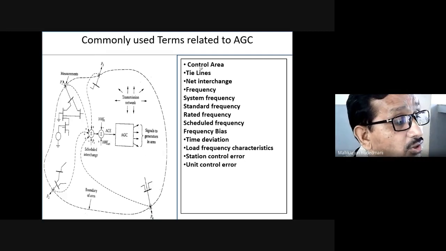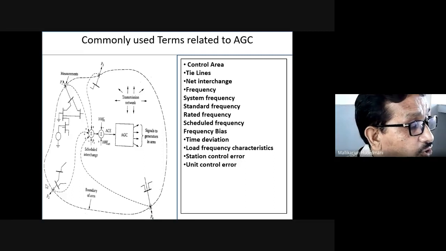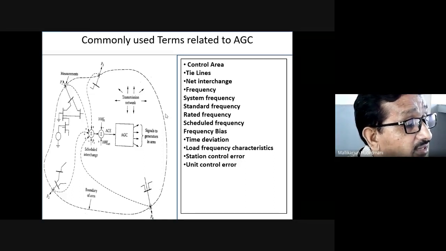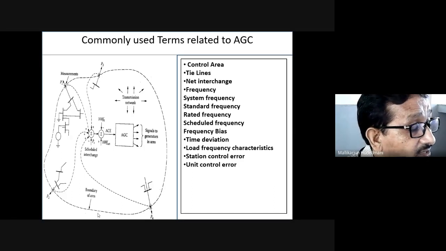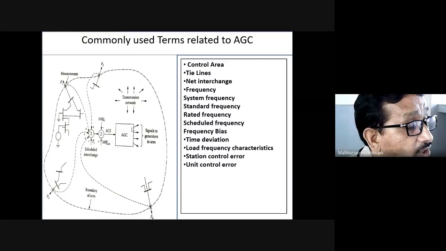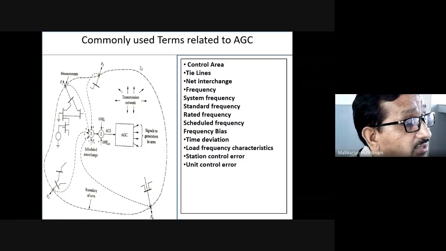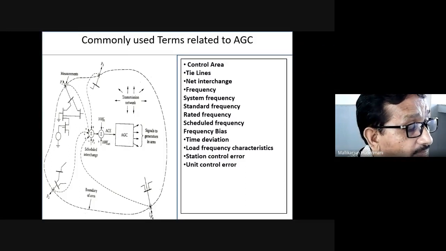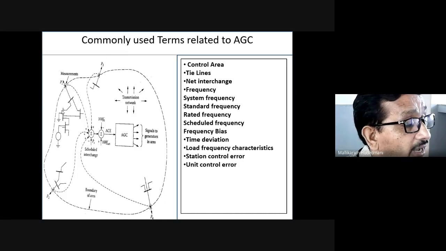Like that, a control area is a geographical periphery, a part of a power system or a power system. Till that periphery, the common controller signal will reach. Control signals from the computing processor will reach and control. This we call the control area.